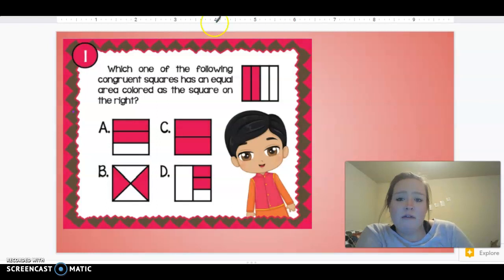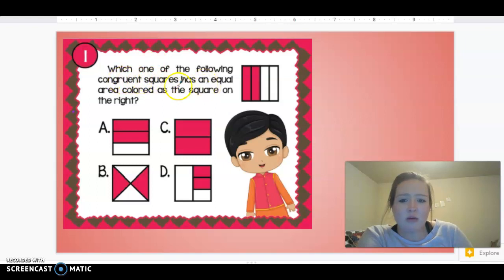Which one of the following squares has an equal area colored as the square on the right? Well, first of all, I need to figure out the fraction of my square that is being shaded.